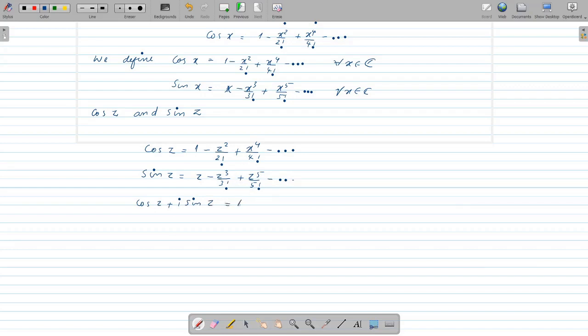Okay, so that is 1 minus z squared by 2 factorial plus z raised to 4 by 4 factorial minus etc., plus i times the other series, z minus z cubed by 3 factorial plus z raised to 5 by 5 factorial minus etc. So this can be written as: first collect 1 from this and iz from this.